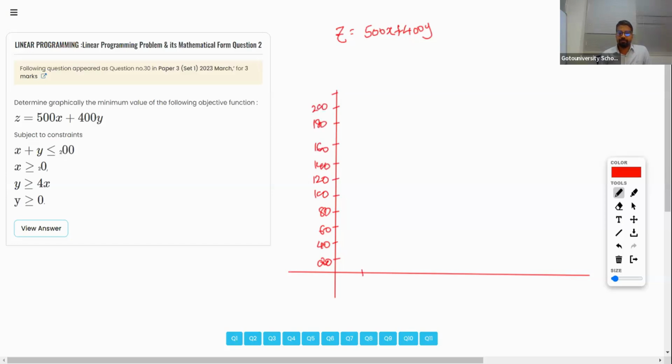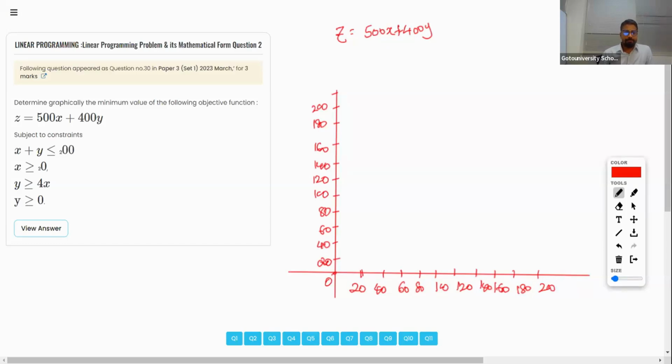Same way here also: 20, 40, 60, 80, 100, 120, 140, 160, 180, 200. I don't think we'll go more than that.